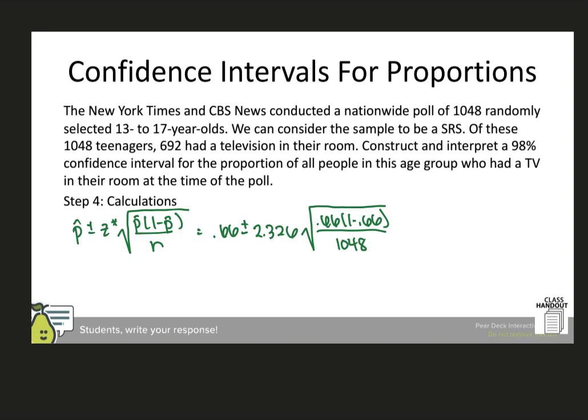I like to find our margin of error first, so I put this entire thing in my calculator to get my margin of error. And if you put it in correctly, you should get 0.0340. So that's your margin of error.